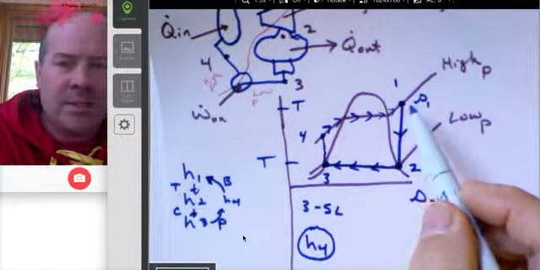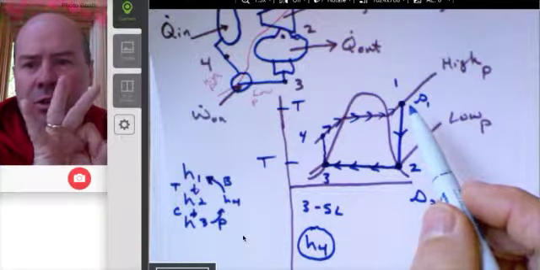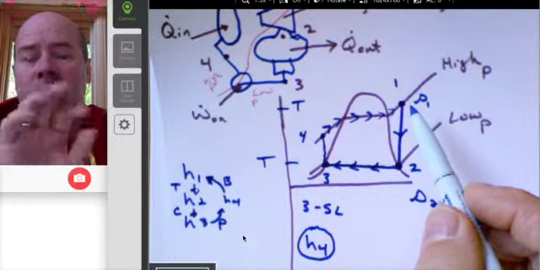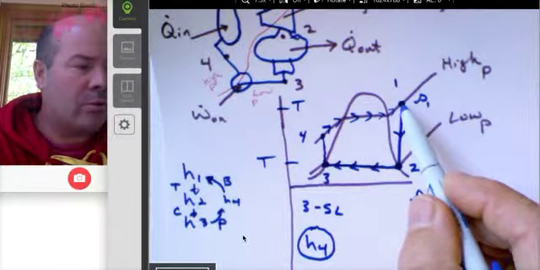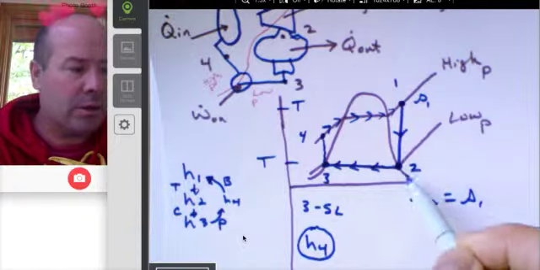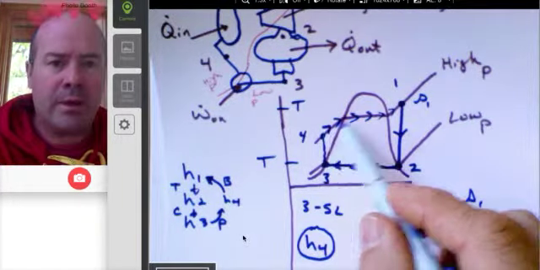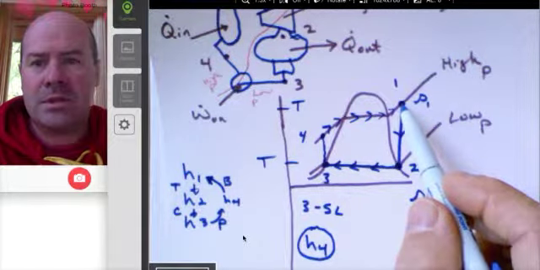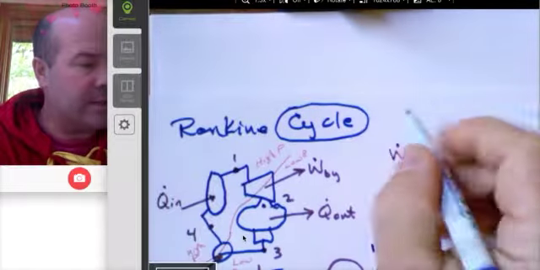Now, state is a collection of the properties. So it's the pressure, it's the temperature, it's the entropy, it's the phase, it's the specific volume, it's all those things. And as we go around the cycle, those properties change from point 1 to point 2 to point 3 to point 4. And when we get back to point 1, we have the same state again. This is a Rankine cycle operating in steady state.